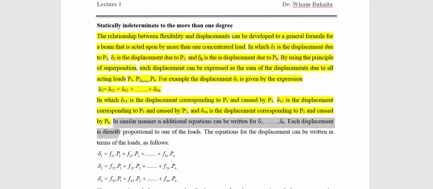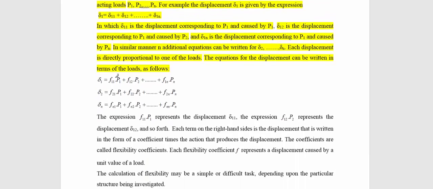Each displacement is directly proportional to one of the loads. The equations for displacement can be written in terms of the loads as follows. Delta 1 equals F11 times P1 plus F12 times P2 plus F1n times Pn.